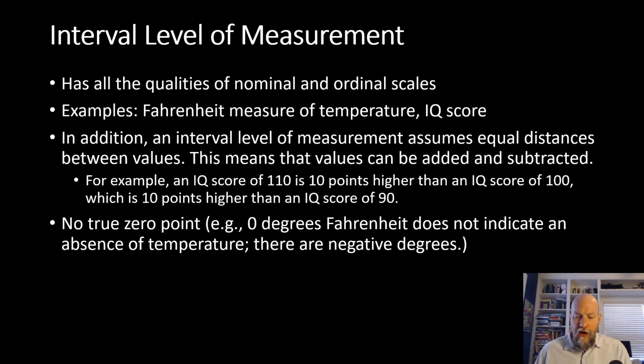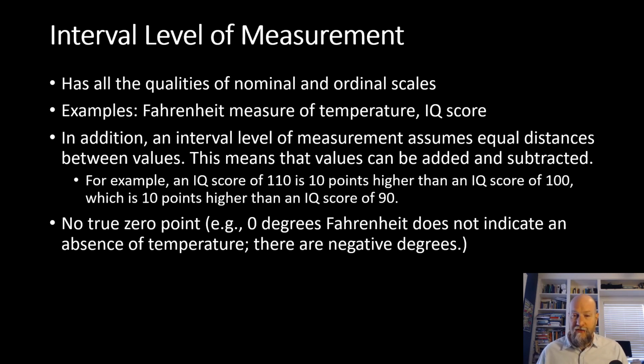So an IQ score of 110 is 10 points higher than an IQ score of 100, which is 10 points higher than an IQ score of 90. Those intervals are meaningful, and they are equally meaningful across the scale. But as I said, there's no true 0 point within the Fahrenheit scale. So ratio measurements don't make sense.